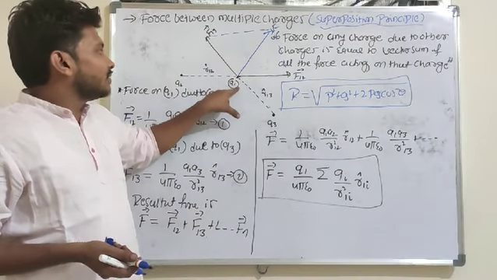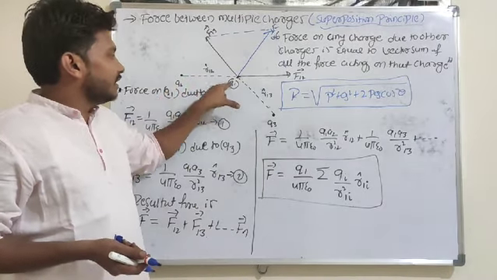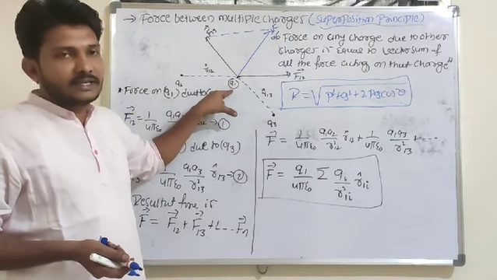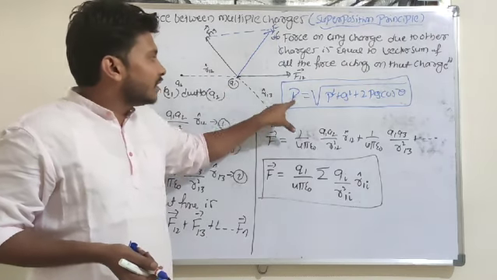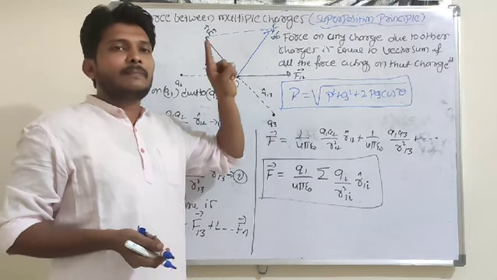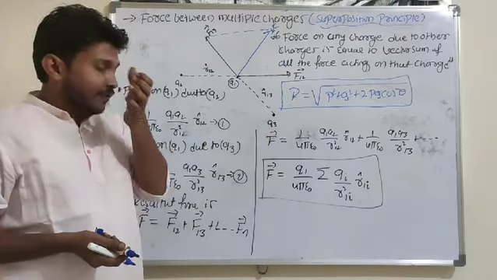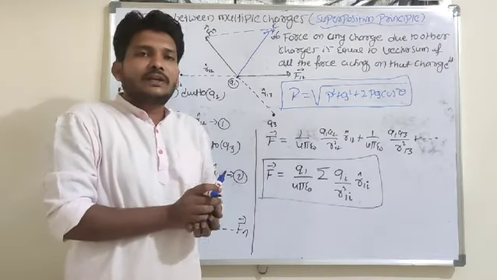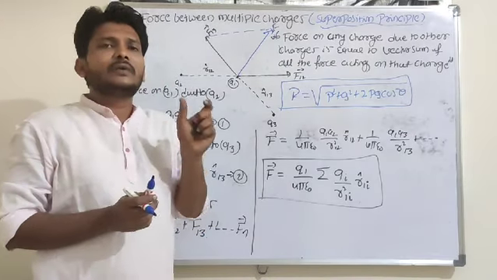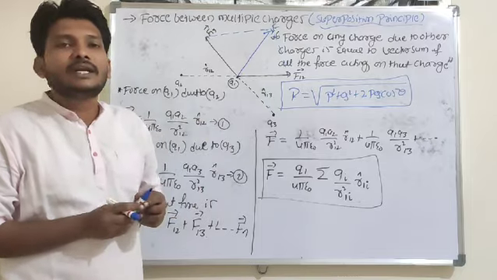On the charge q1, q2 is exerting a force as well as q3. To get the resultant force, I will use the parallelogram law as well as the polygon law of vector addition. Coulomb's law has certain limitations.